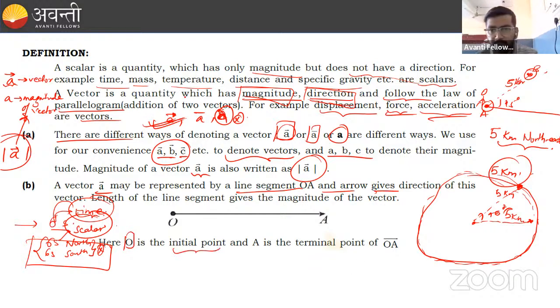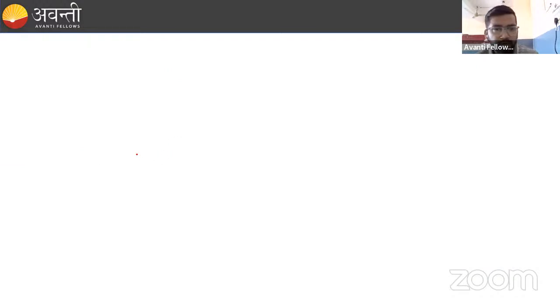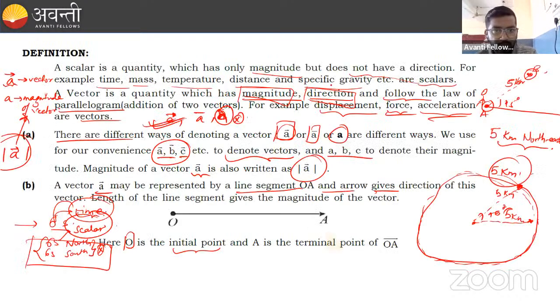So any vector, let's try to understand. If I write the point O, here is my vector, like point A, right? So this vector is actually A bar.